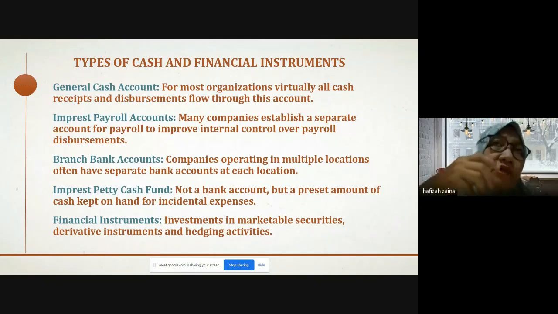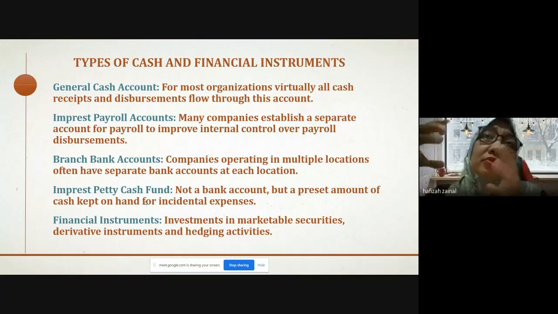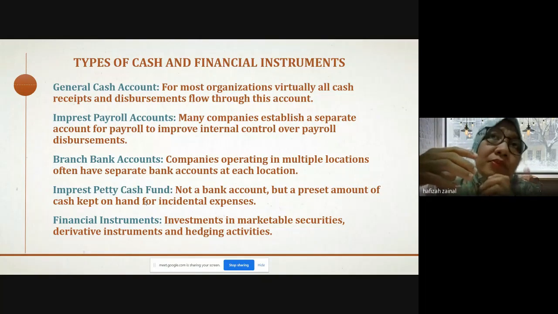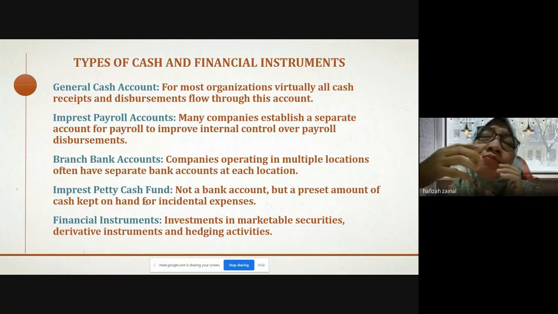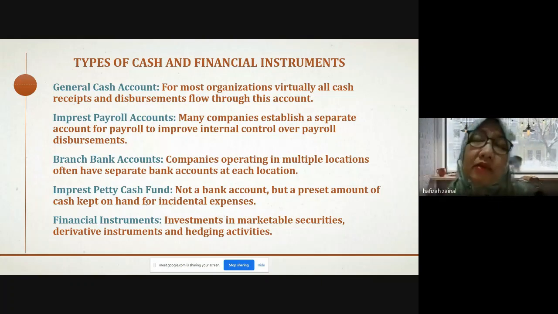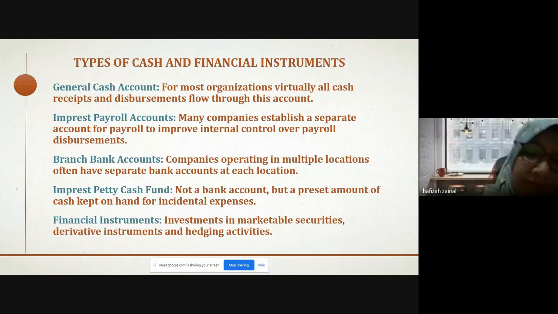Whatever can easily be converted into cash will normally be grouped as a financial instrument. That's why in the cash flow statement the last line is cash and cash equivalents as at whatever date of the year end.